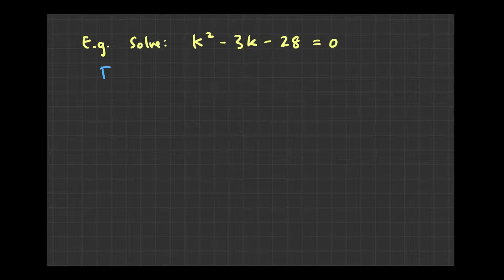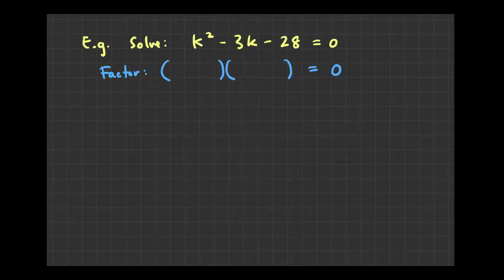So let's factor it. Starting off, to factor it, I'm going to write these two brackets like so. And I'm going to keep the equals 0, right? We still need to write out the fact that this is still an equation equaling 0.